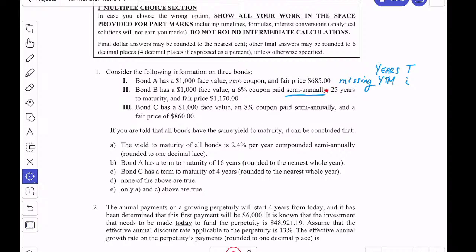And this is 25 years, so you have the time. So all you're missing here is the I. And then for C, you have the coupon rate, you have the same information, you're just missing I.